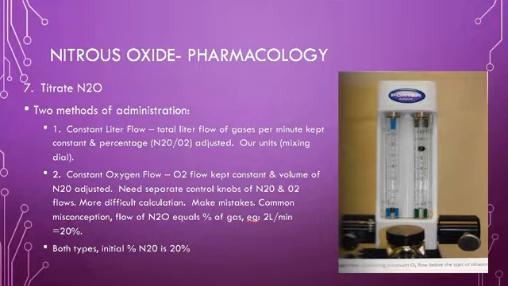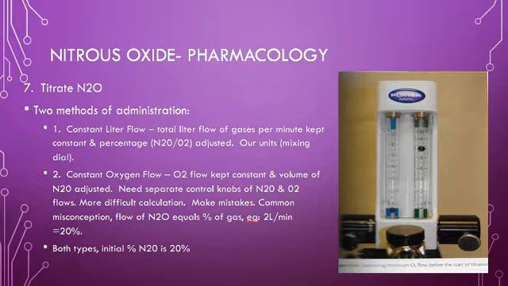This is really not the ideal situation, just because mistakes are really easy to make. And the common misconception is that the flow of nitrous oxide equals the percentage of gas. So in other words, that 2 liters per minute is actually 20%, and that's not necessarily the case.